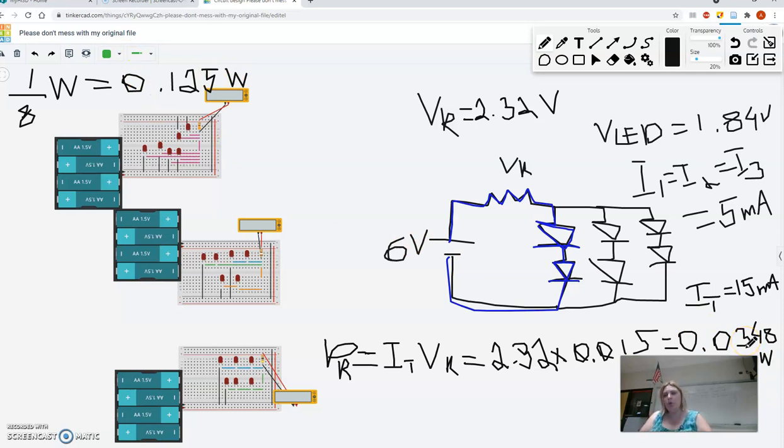So you should be asking yourself a question. These circuits that we just solved were extremely similar, right? So how come this resistor dissipates so much less voltage and uses up so much less power than the other one?